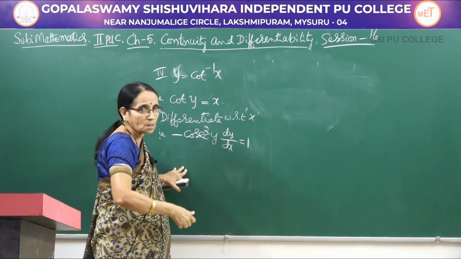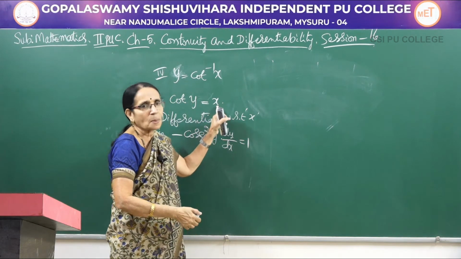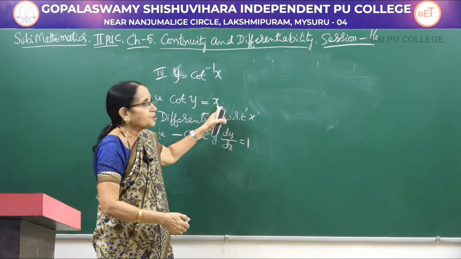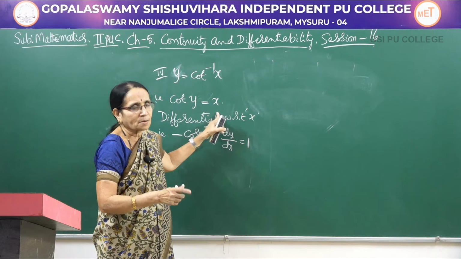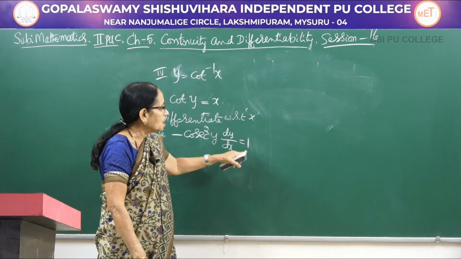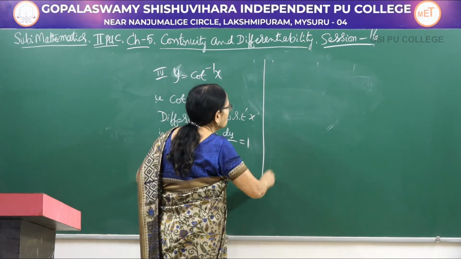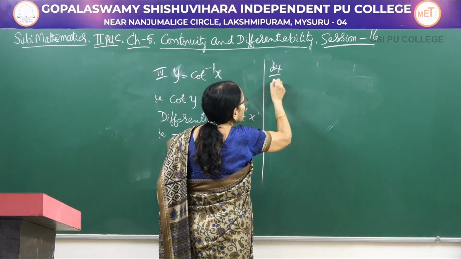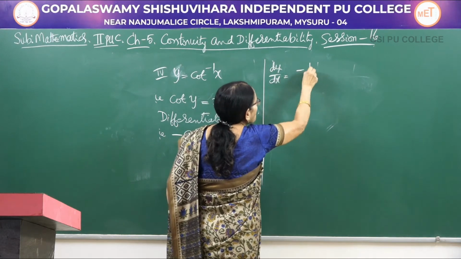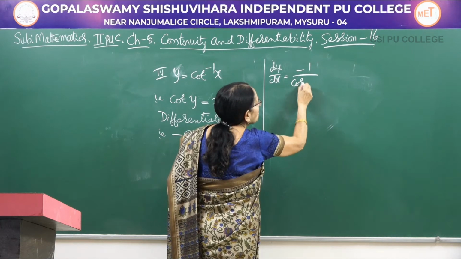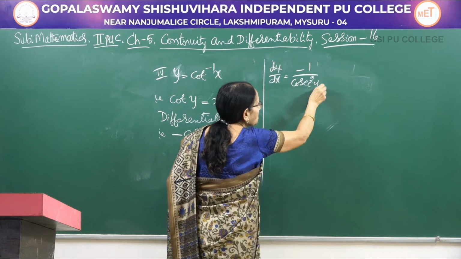So in the inverse trigonometry functions, when you use the definition of the inverse function, the right hand side would be x. When you differentiate with respect to x, you always get 1 on the right hand side. Therefore, dy by dx would be equal to minus 1 divided by cosecant square y.